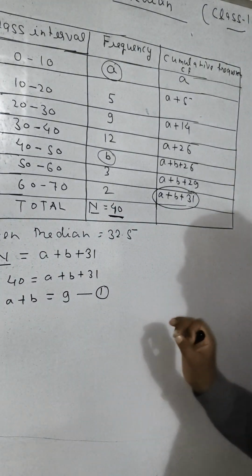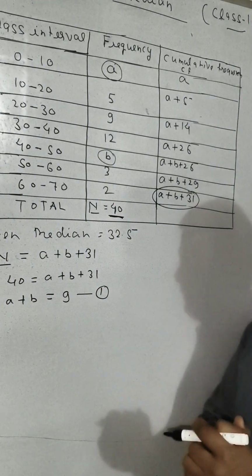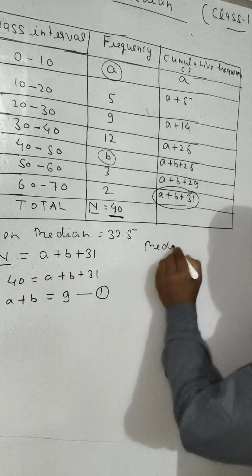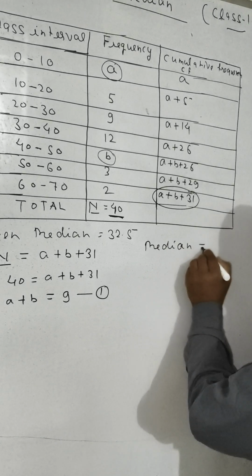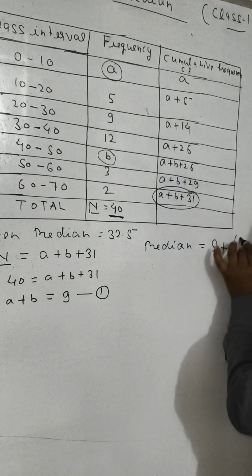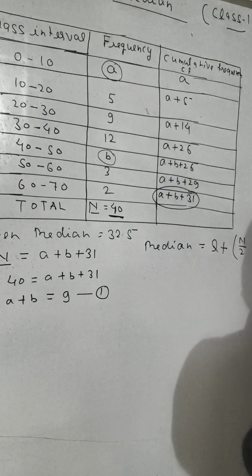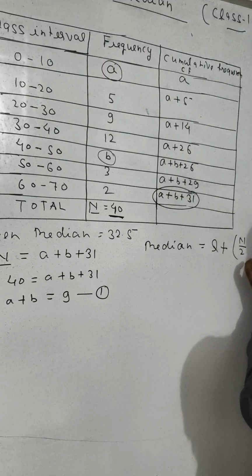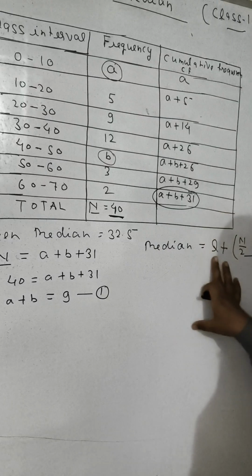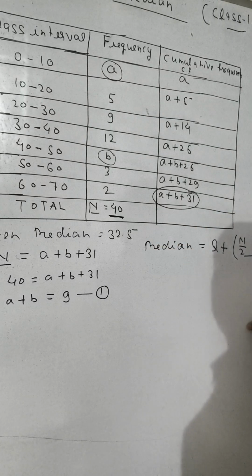Now we know the formula for calculating the median of any data. Median is equal to L plus (n by 2 minus CF) upon F into H. You know all the terms in this formula.